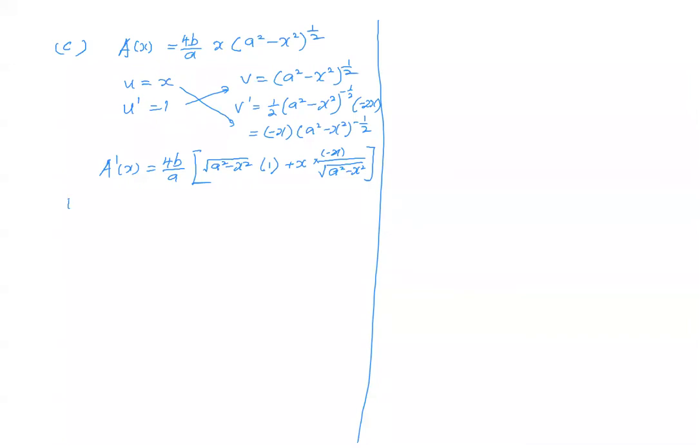to maximize the sitting area, a prime x must be equal to 0. Am I right? So therefore, square root of a squared minus x squared, take away, okay, this one you can multiply, must be equal to 0.